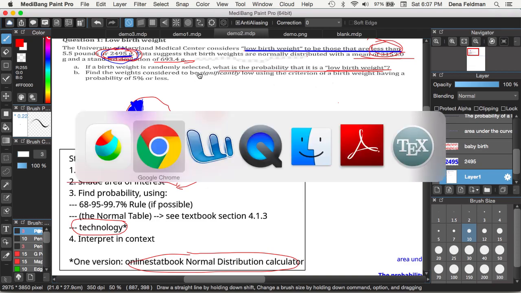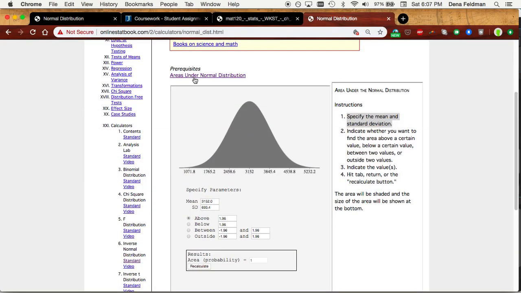So when I go back to my online calculator, I see that there are 4 options: above, below, between, outside. 4 lines, 4 options. And looking again at the instructions, it says indicate whether you want to find the area above a certain value, below a certain value, between 2 values, or outside 2 values. Oh, great.